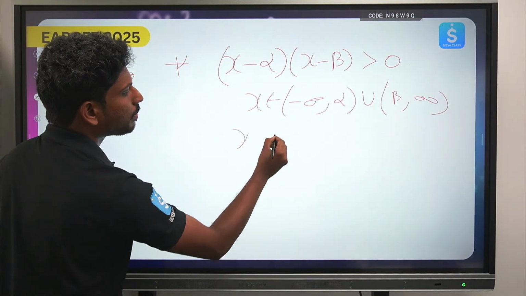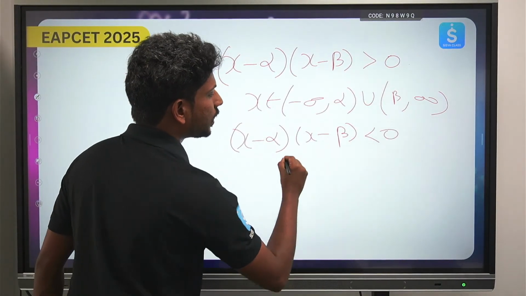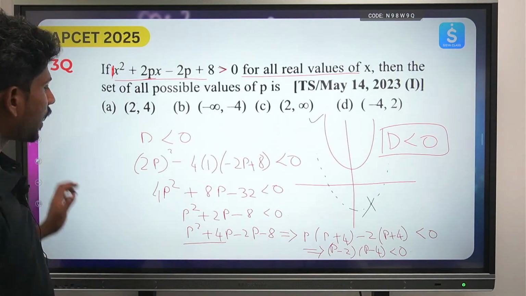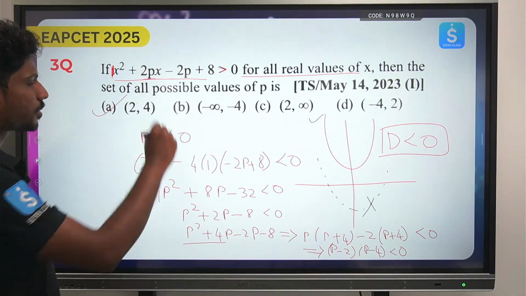Whenever you have (x minus alpha) into (x minus beta), if it is less than 0, that means x belongs to alpha comma beta. So according to this inequality, what do we have? This is less than 0, it belongs to 2 comma 4, so the answer is option A.